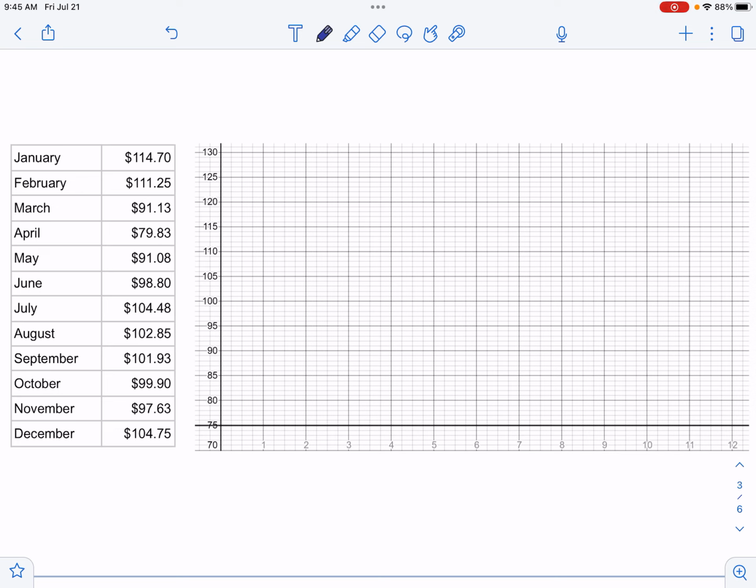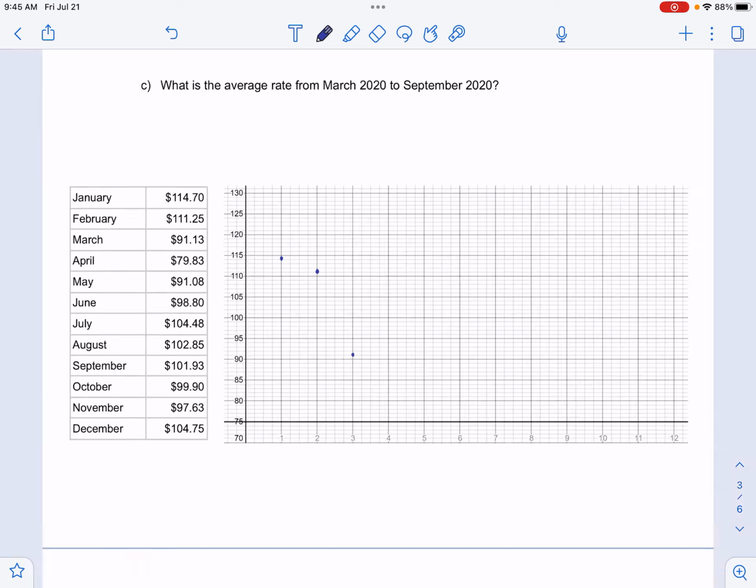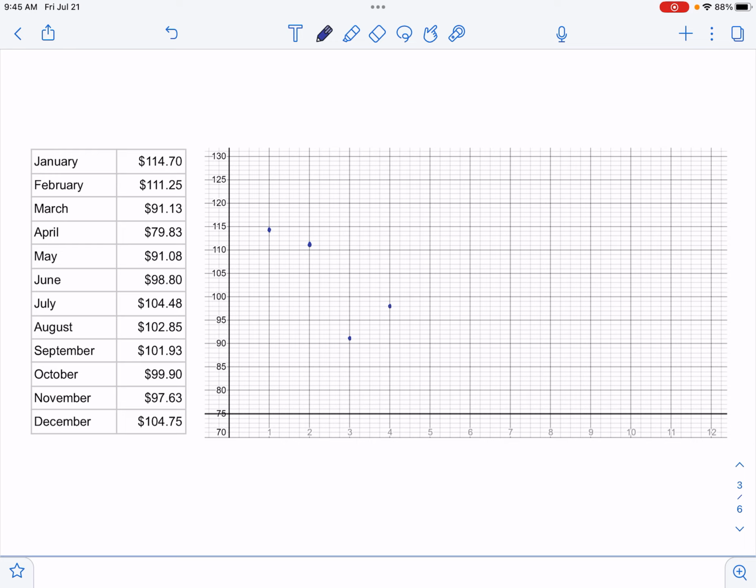Okay, so in January, it was $114.70. February, it was $111.25. March, it was only 91. June, it was 98. It went up again. July was 104. August was 102.